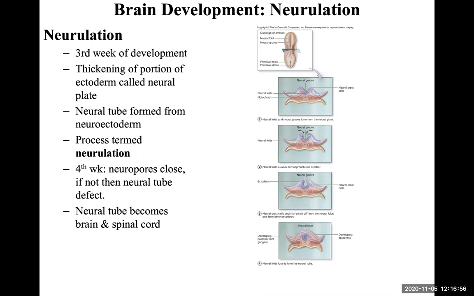The neural tube is formed from the ectoderm. So if you can remember back to when we were learning about those primitive tissues, the endoderm, mesoderm, and ectoderm, the ectoderm is where you get many of the structures that are part of the nervous system. So the ectoderm forms the neural tube, which is what you're seeing here.